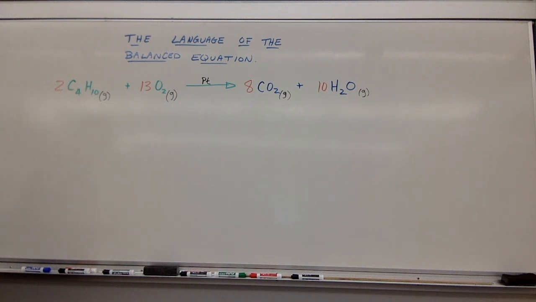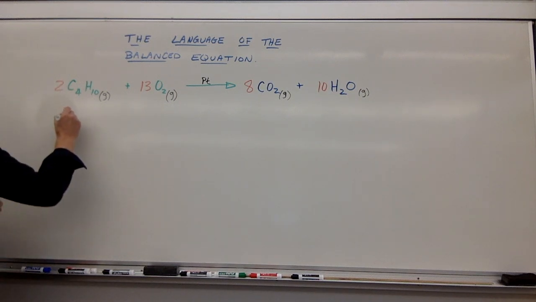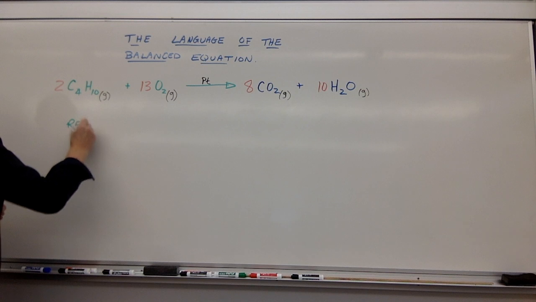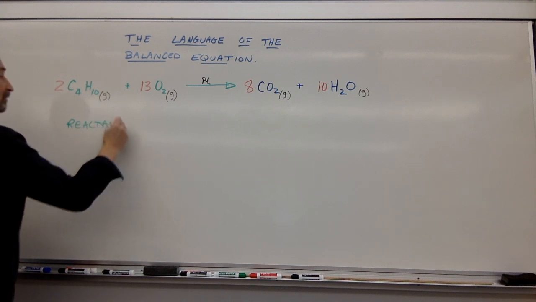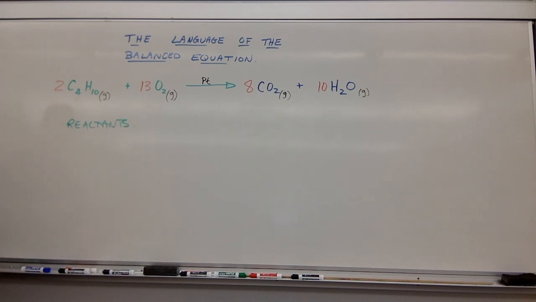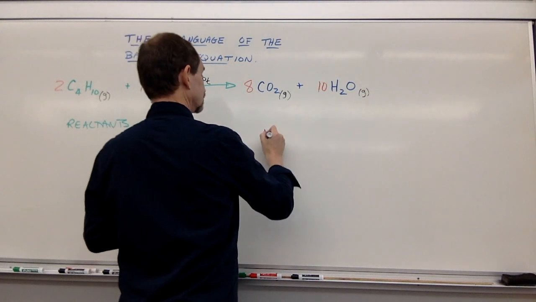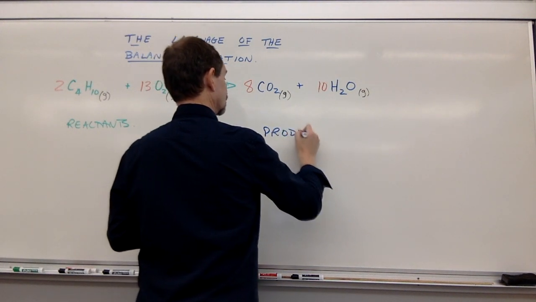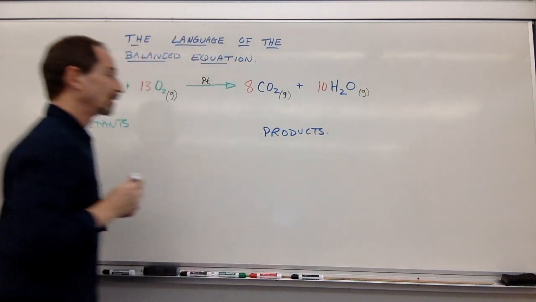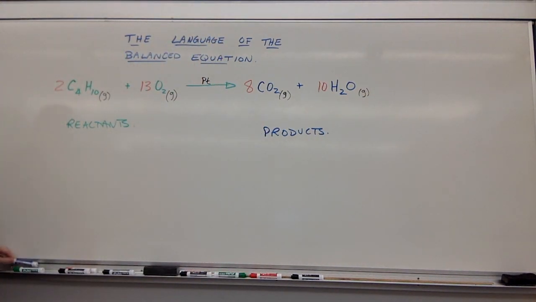What I have written in green, those are my reactants. What I've got written in blue, those are my products. The green arrow is not really an arrow. What it is telling you is there's a reaction taking place.